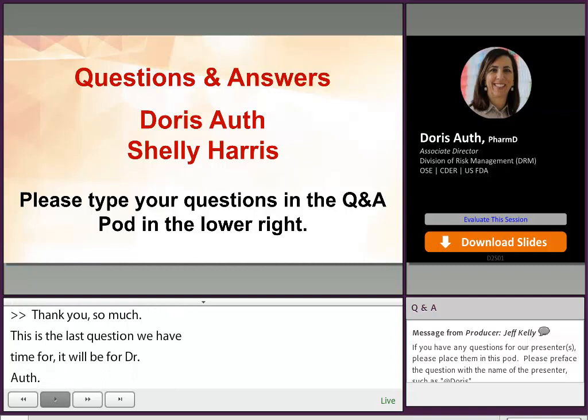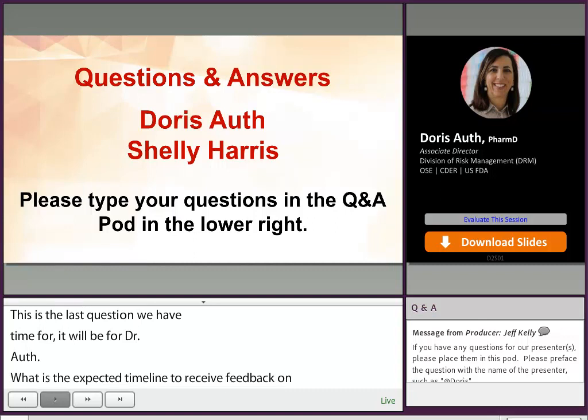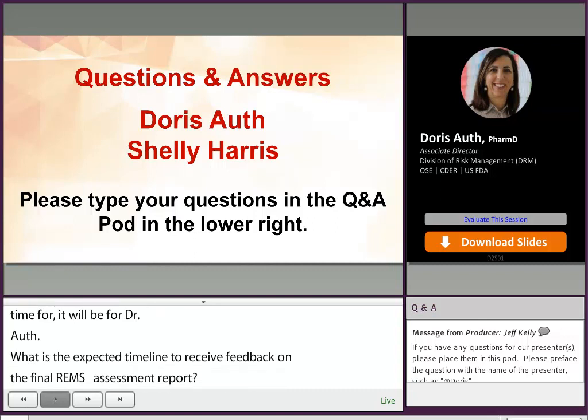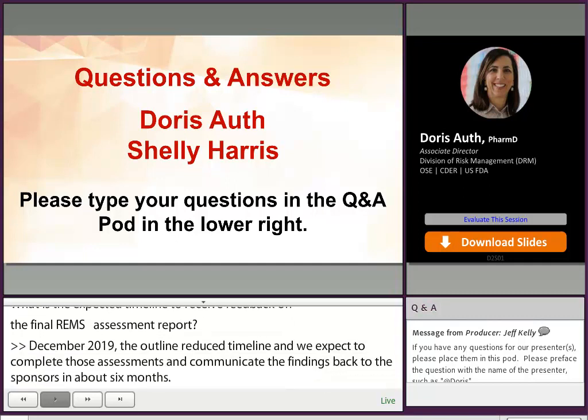In December of 2019 we issued guidance that outlined what our review timelines were for reviewing a REMS assessment, and we expect to complete those assessments and communicate the findings back to the sponsors in about 6 months. We would love to be able to do that quicker, but when we have a lot of data, it may take us longer. So 6 months is the timeline that we're shooting for.